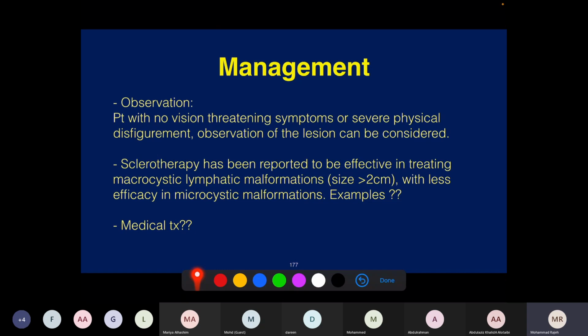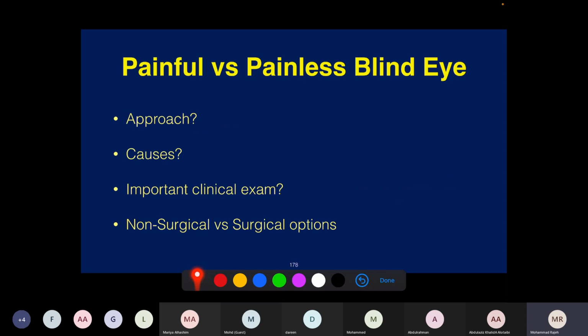Okay, other than bleomycin. Okay. So, medical treatment. There have been some trials about sildenafil, sirolimus. You saw sirolimus, who saw a patient with me? So far, sclerotherapy is the go-to therapy. Okay. So I added now.